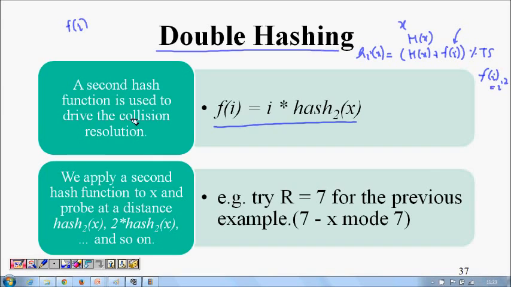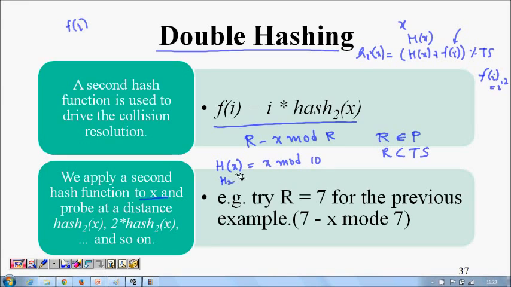We apply a second hash function to x, and then f(1) will be 1 times hash2(x), f(2) will be 2 times hash2(x), f(3) will be 3 times hash2(x), etc. One of the good second hash functions is R minus (x mod R), where R is a prime number smaller than your table size.